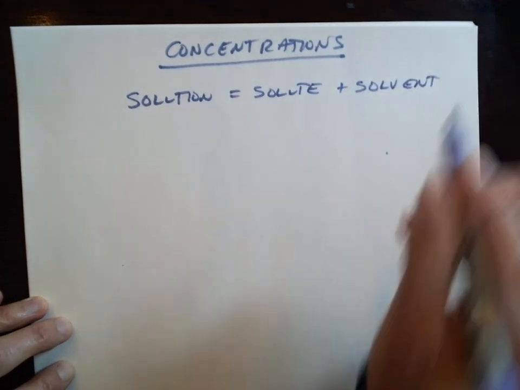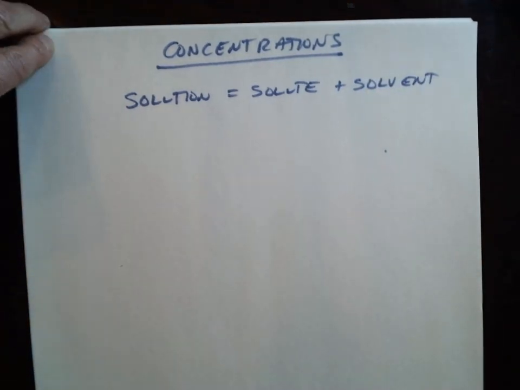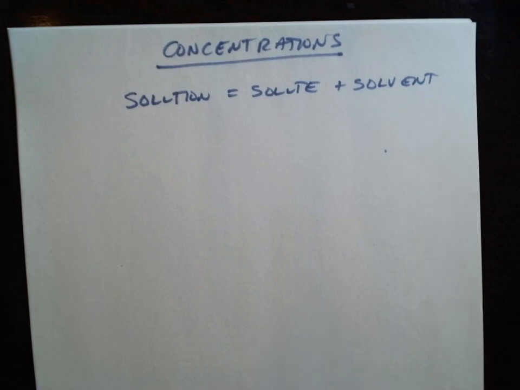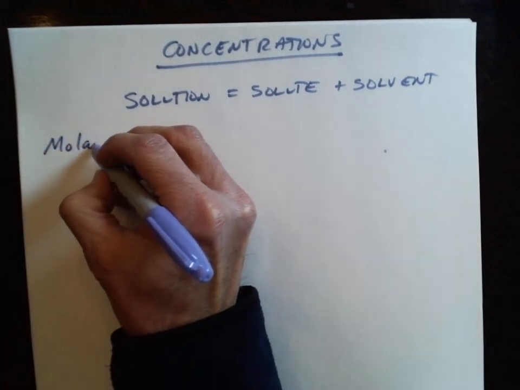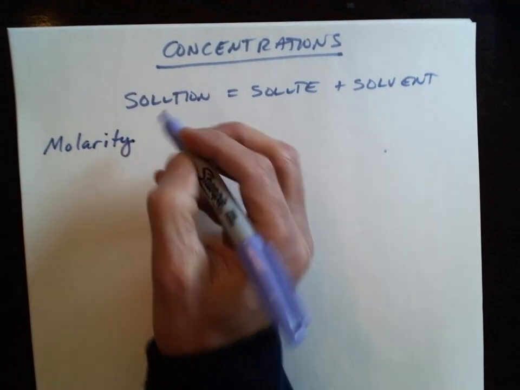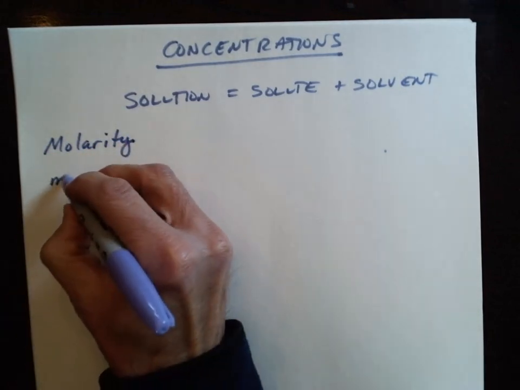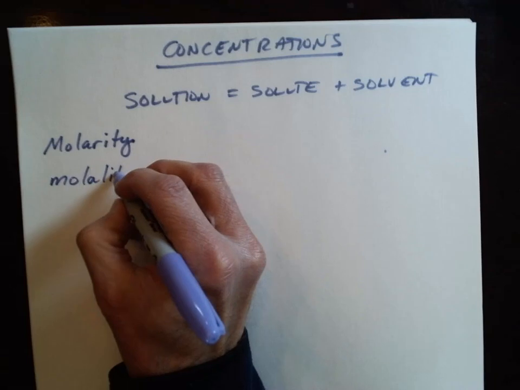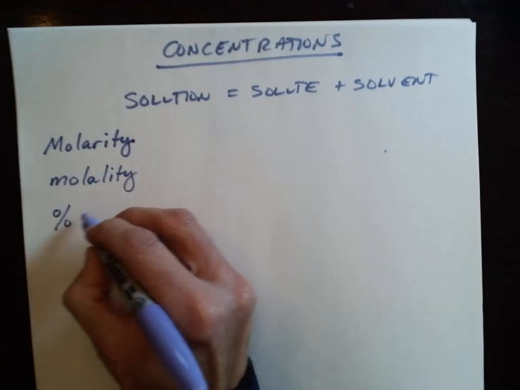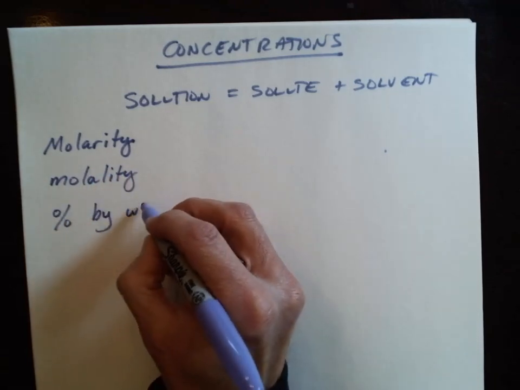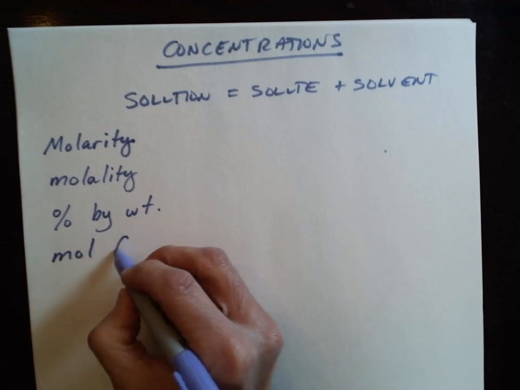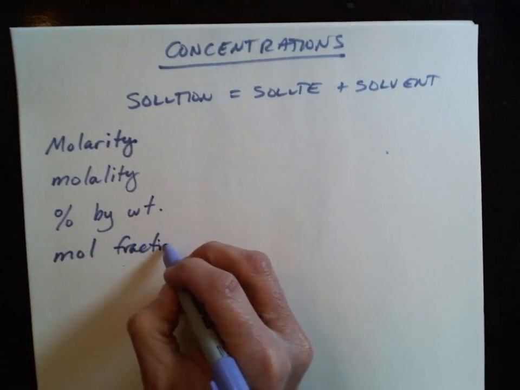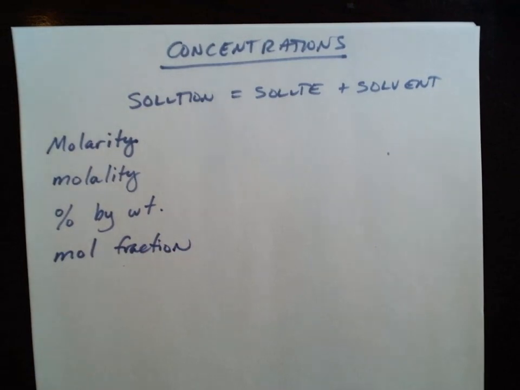Here are just a few of the ways that we need to learn how to do this. There's just 4 we're going to cover in this class. Those are molarity, molality, percent by weight, and mole fraction. And we're going to cover each of those here in turn.